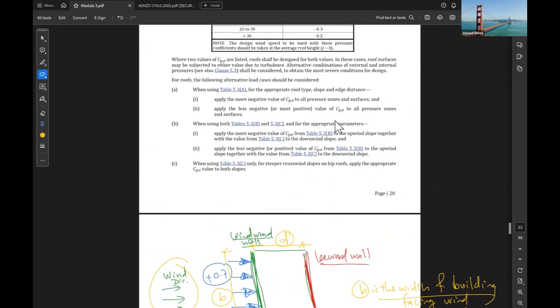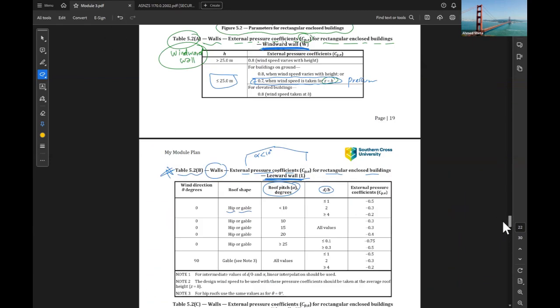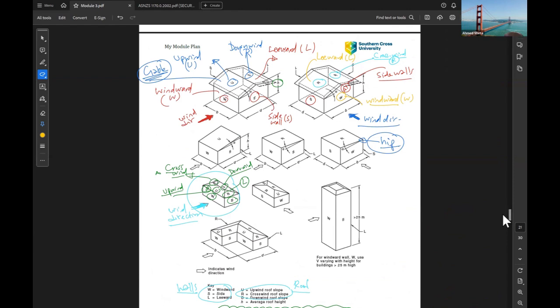Okay, if we look here, this is given here. If this is the wind direction, B is this one, the width of the building facing the wind, and D is the perpendicular dimension. If you see here, when the wind is in the other direction, what happened to B? B, this is B. Again, the width of the building facing the wind, and D is the perpendicular.